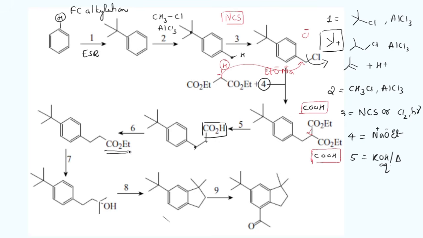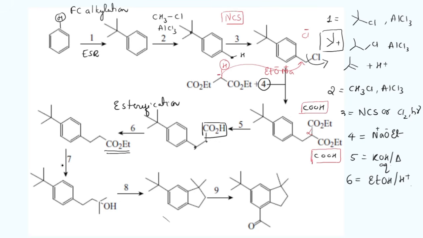So this is esterification. And what ester do we have here? Ethyl ester. Therefore, the sixth reaction condition has to be ethanol in acidic medium. So this is esterification. Hence, we got the ethyl ester.